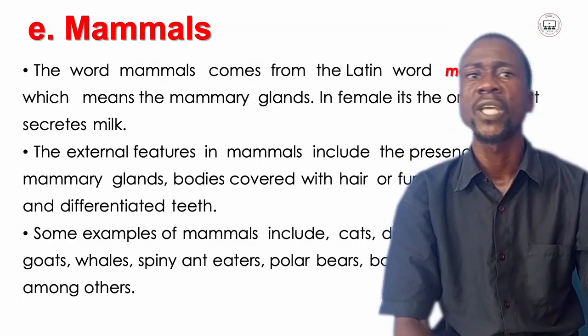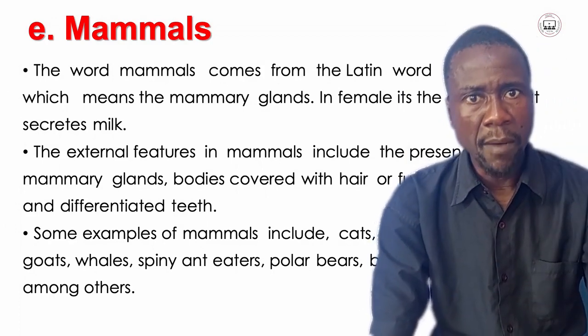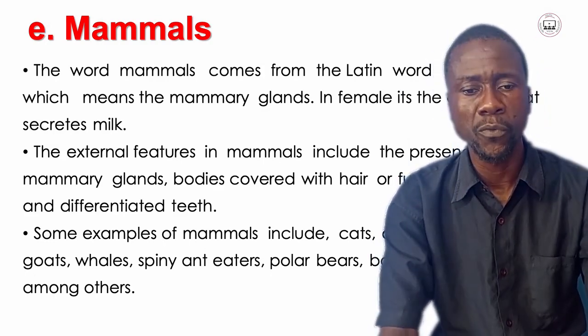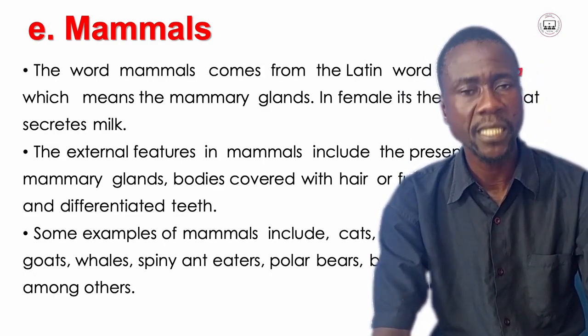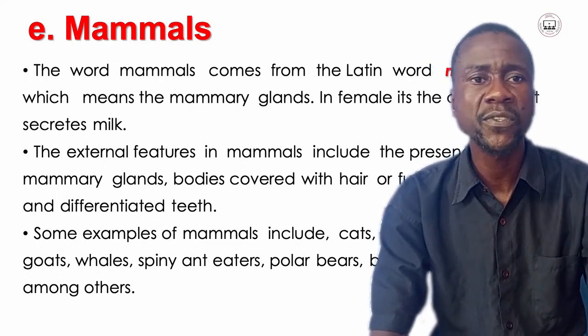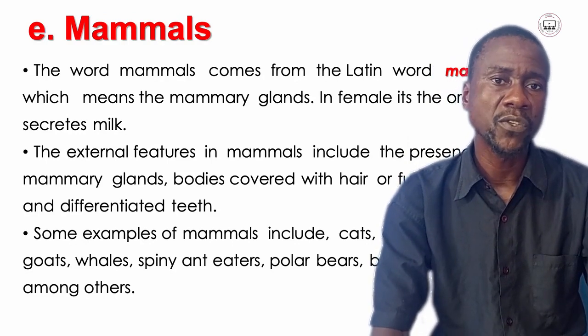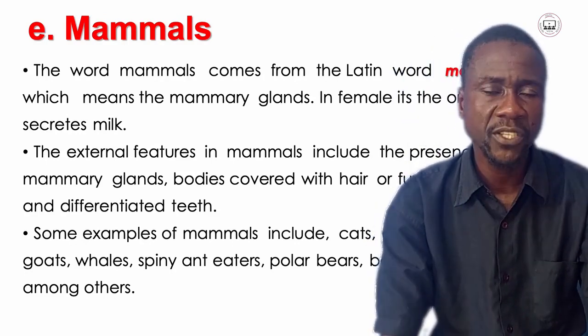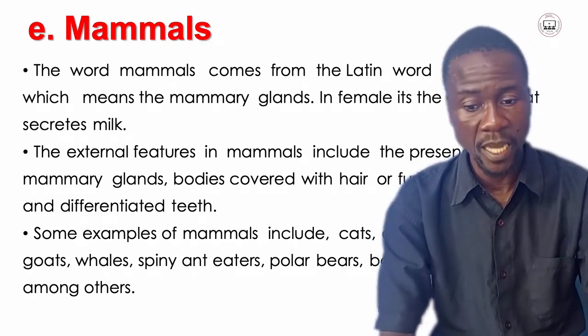That's why it falls under mammalia. So these are some of the examples of mammals. But mammals also cover a lot of examples all over the world, because this is one of the biggest groups of vertebrates.